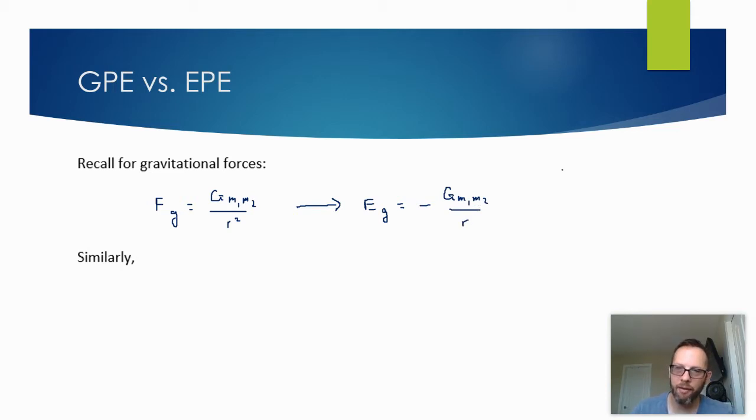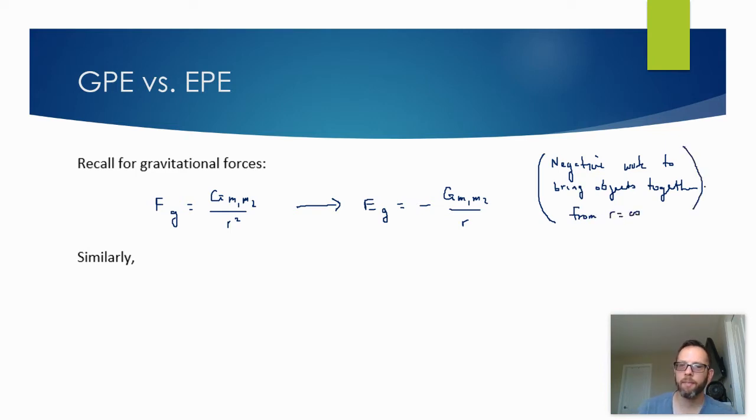And it was negative because it took negative work to bring objects together from R equals infinity. Why negative work? Well, because two masses attract each other, and so they would naturally come together.